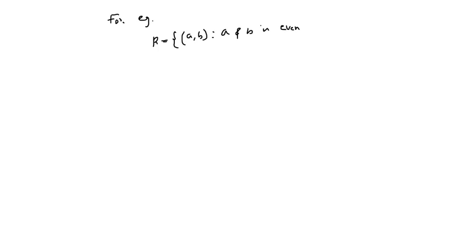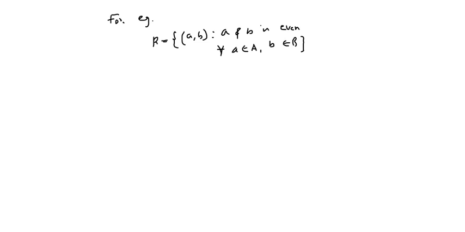That is, a and b both are even. And for all, we write for all a element of A and b element of B. This is how we write the relation.